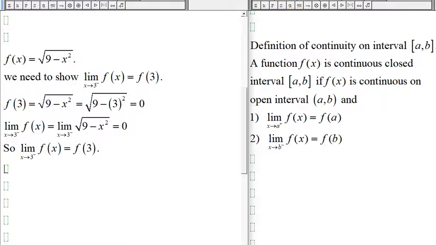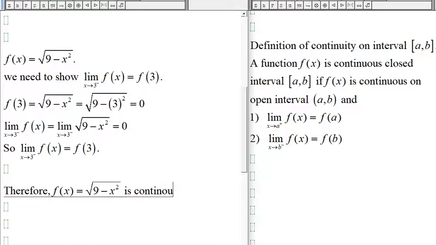So we have shown 3 things, and therefore we can say that this function right here is continuous on the closed interval from negative 3 to 3.